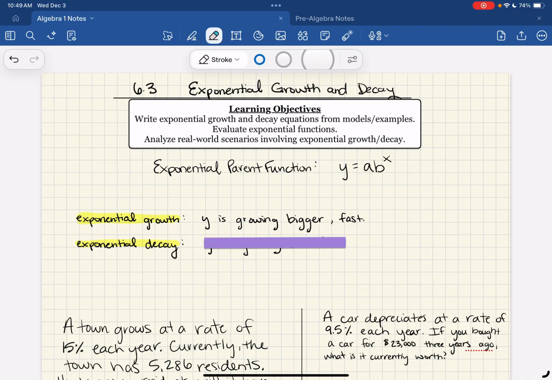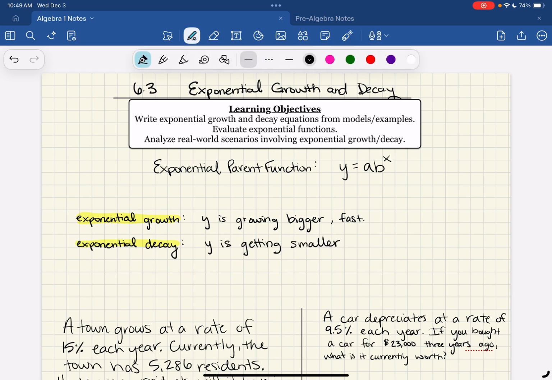And decay is going to be the opposite. It's getting smaller. It's not necessarily getting smaller super quickly because it's going to even out, but it does get smaller. So let's make some connections to our parent function, y equals a times b to the x. I'm just going to give you these equations and then let's talk about what is going to be what.